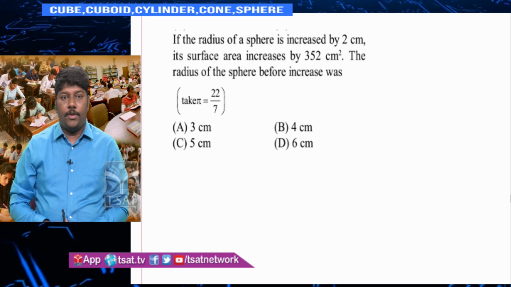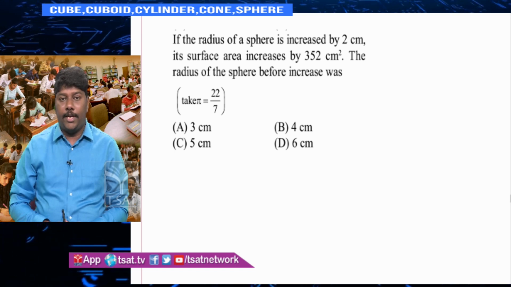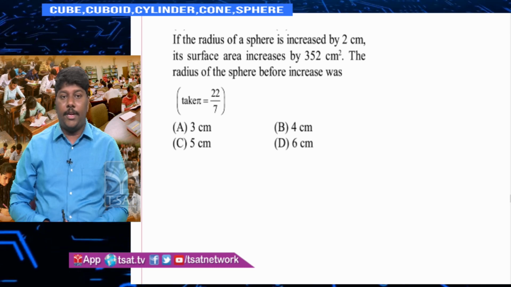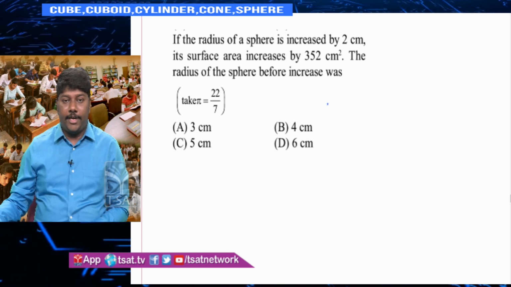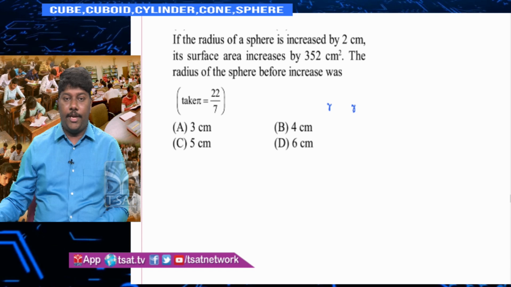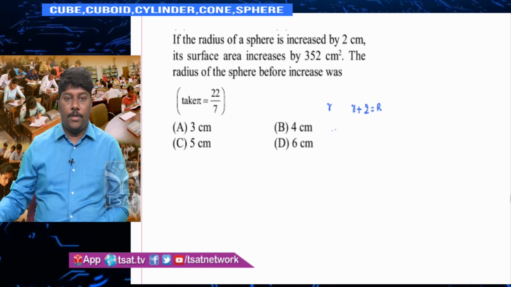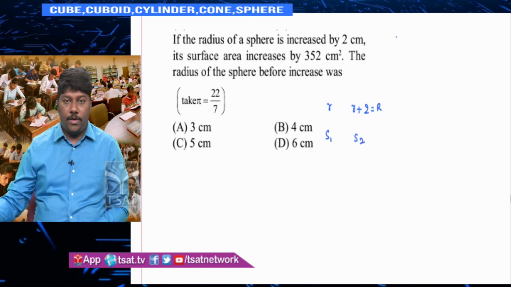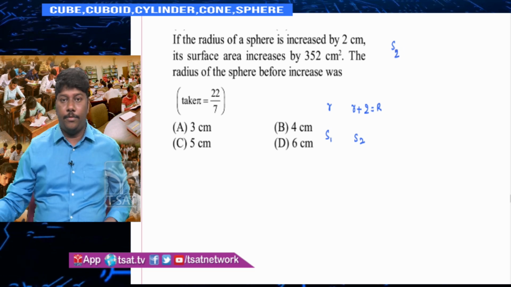Look at this problem. If the radius of a sphere is increased by 2 centimeters, its surface area increases by 352 centimeter square. The radius of the sphere before increase was? Initial radius you take as r, in the next case it is r plus 2, let us say capital R. This one is S1, this is S2. We know S2 minus S1 is 352.